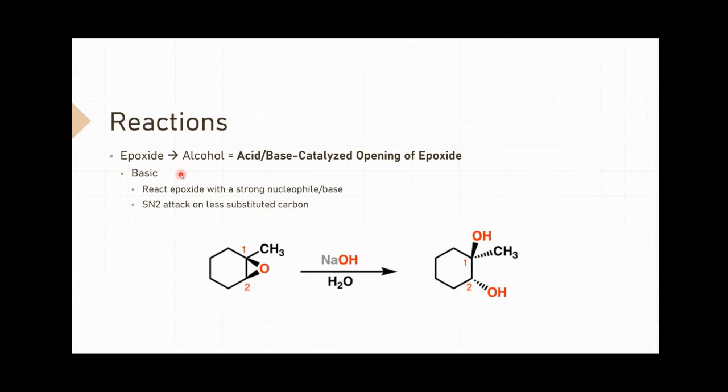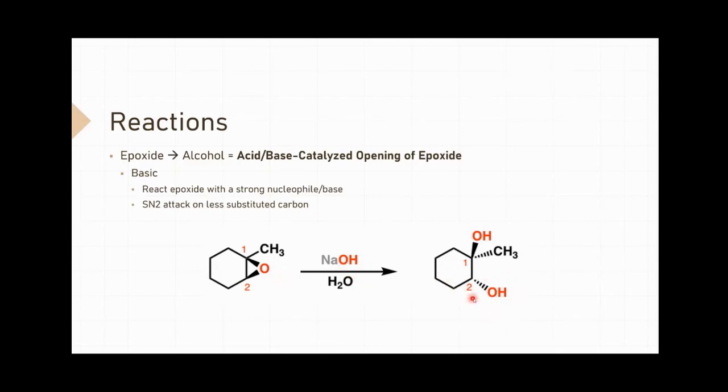On the other hand, in basic conditions, it doesn't have to be an OH, it just has to be a strong nucleophile. If you just have a strong nucleophile, you can just attach it to the least substituted part of the epoxide, which in this case is the number 2 carbon.